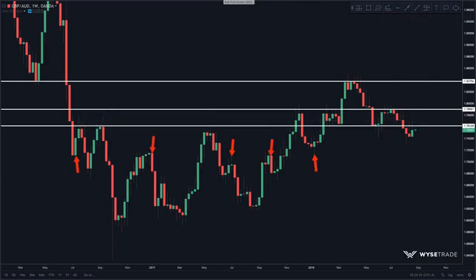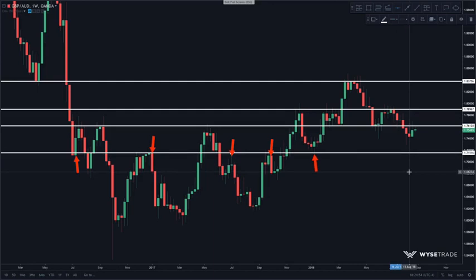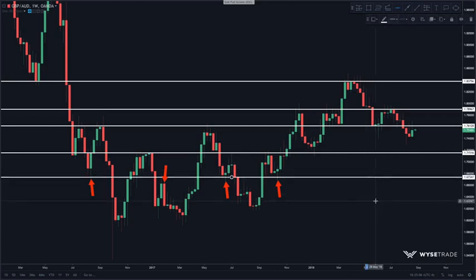Down here, 5 rejections. Another level. Next, we have a minor level with 4 minor rejections. Finally, along the bottom, 3 swing lows and we have a zone.